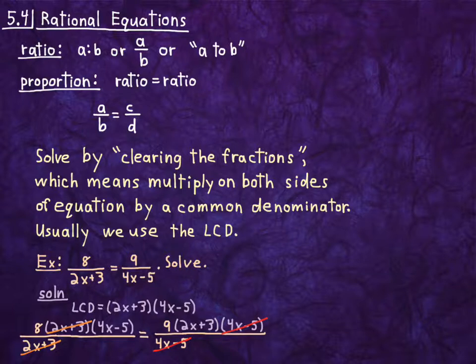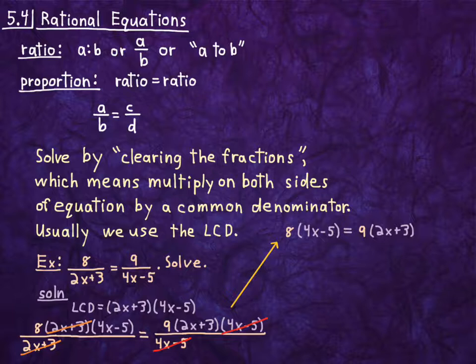And then I have to distribute the 8 and distribute the 9. And why am I doing that? So that I can collect all of the terms on one side of the equation and combine similar terms, also known as like terms.